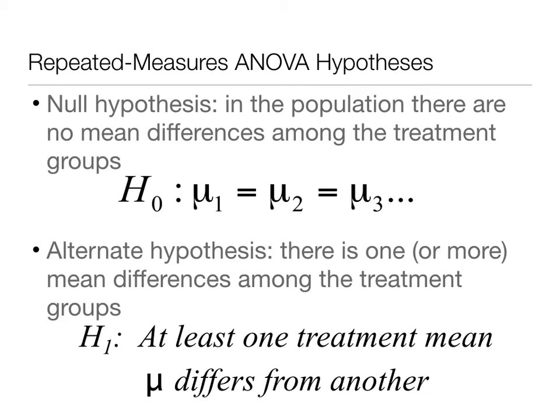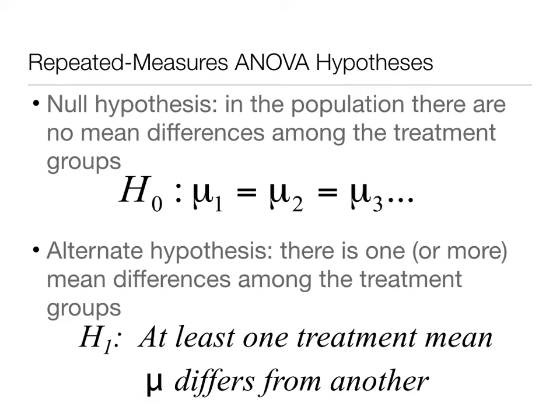The repeated measures ANOVA hypotheses are the same that we've been dealing with in ANOVA. Again, null hypothesis testing: the null hypothesis is that there is no difference among the treatment groups, and our alternative hypothesis is that there is at least one or more differences among the treatment groups. Remember, we're not going to be able to write a mathematical alternative hypothesis.